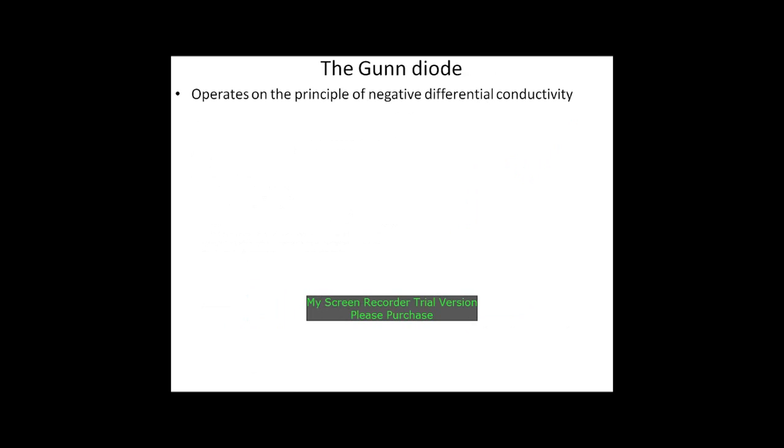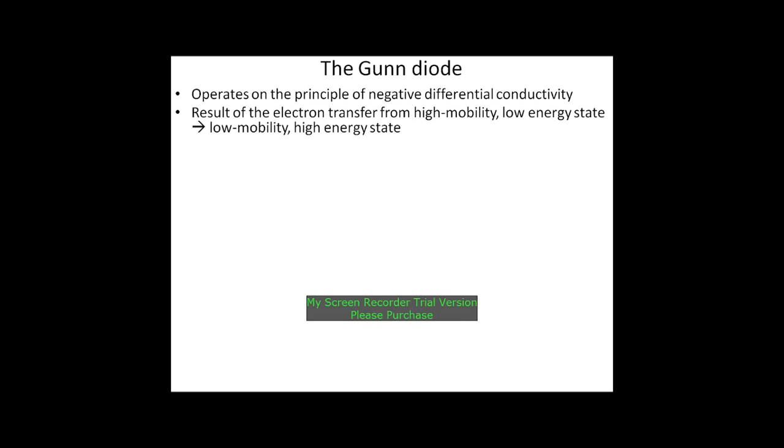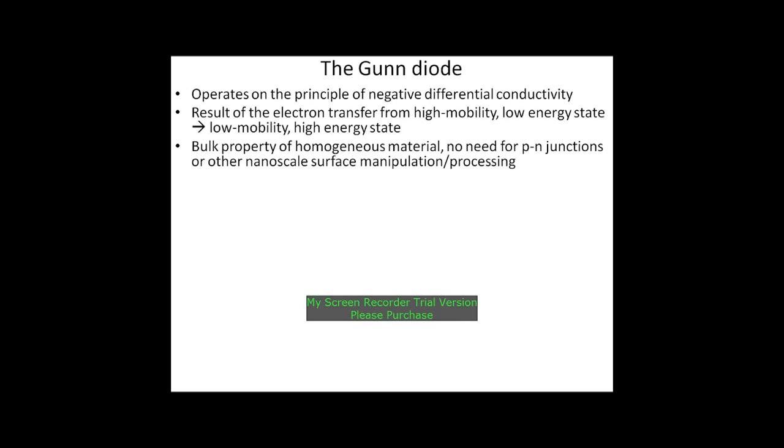Next, I'll move on to the gun diode. So this also operates on the principle of negative differential conductivity, and it operates as a result of the electron transfer from high mobility, low energy states to low mobility, high energy states, and I'll explain what that means. Also, the gun diode is a bulk property of the homogeneous material.